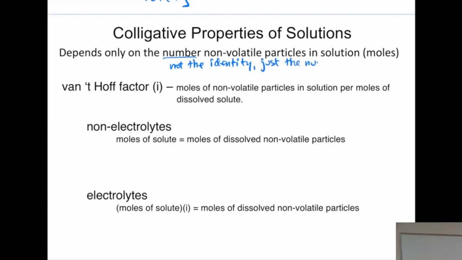Just the number. And it's the number of non-volatile particles, because those are the ones that are getting in the way. Those are the ones that are either reducing the vapor pressure if we plug it into Raoult's law, or are just causing that barrier that we talked about empirically.